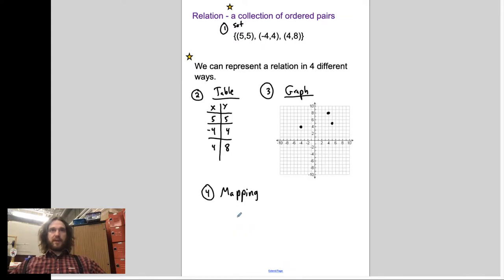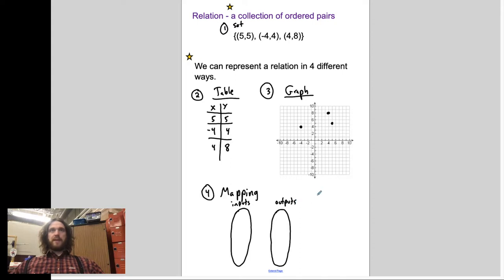Okay, and what a mapping is, it consists of 2 kind of like ovals, or whatever you want to call these shapes. And on the left side, we have our inputs, our codes for the vending machine, and on the right side, we have our snacks, or our outputs from the vending machine.